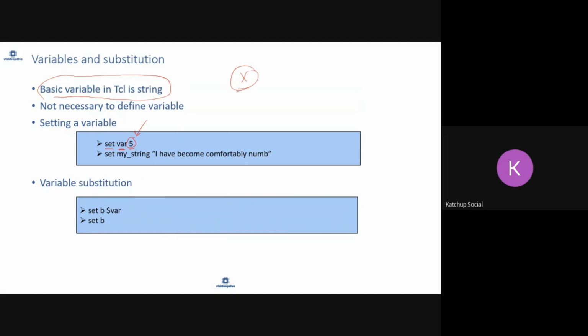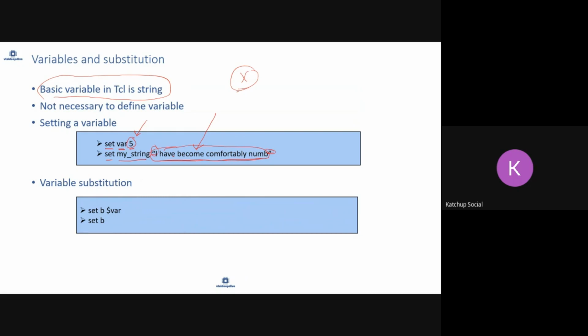Okay, so I say set my_string, quotes, and another set of quotes. So these quotes are used for grouping. So it will be stored as one string variable as this full string. And why are we using quotes? If we don't use quotes, the space will cause Tcl to think these are separate arguments, which we don't want.